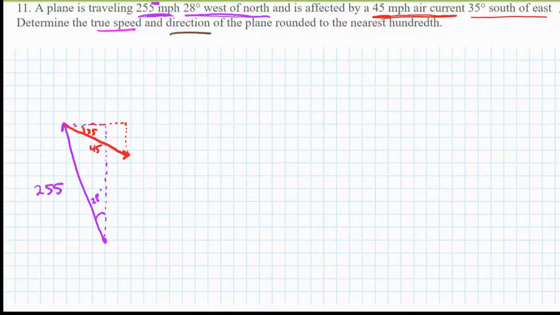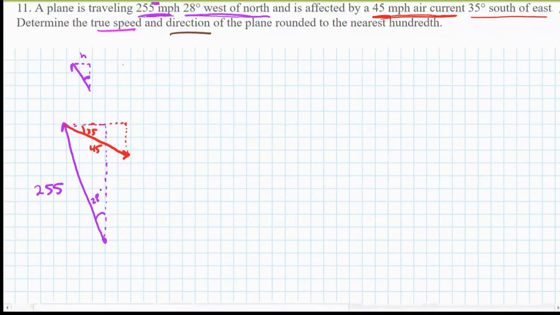So really, I'm going to try and figure out the side lengths of each of these triangles, which are going to be my components. So for the purple one, just to give you a visual here, my purple one looks like this, and I have this bottom angle here, meaning for the horizontal component, I'm going to be using sine because sine is opposite over hypotenuse.